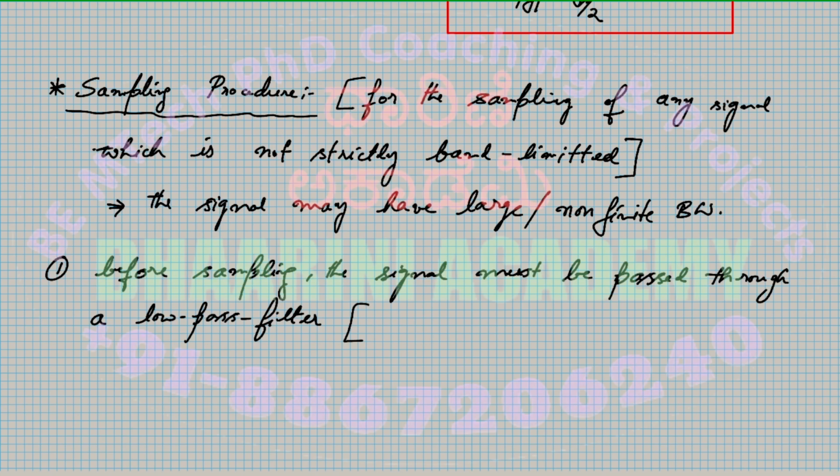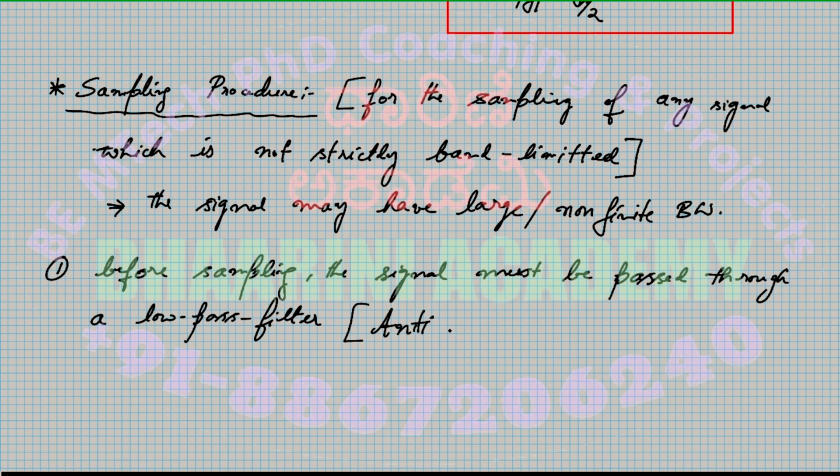Since this low pass filter puts a limit there, it is also called the anti-aliasing filter.